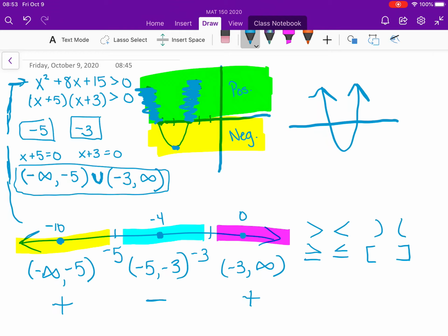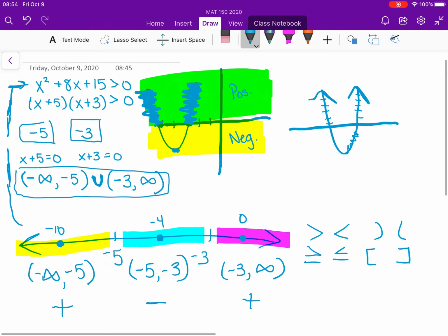It's just where they're at on the x-axis that is going to change. So therefore, if you get one that's greater than, it's going to be in 2 pieces. Whereas if it's less than, it's just going to be that one interval in between. So that should actually help make your work easier.